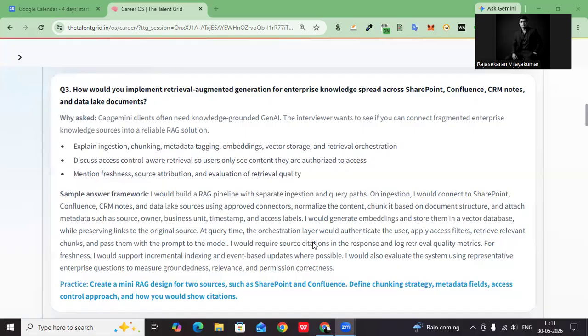Then I will be making sure hallucinations are controlled, with groundedness and accuracy. These are the key things I will be considering. This is the way I will be designing an end-to-end RAG system for multiple enterprise systems, Devanshu.